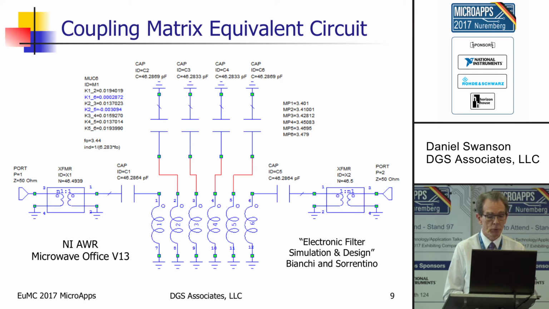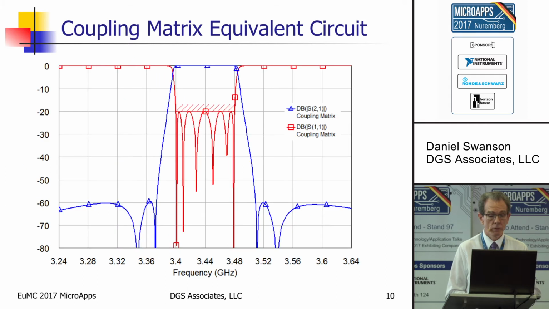And if we look at the frequency response, it indeed looks very much like what we saw in the coupling matrix software. In fact, the software is deriving what it showed us from the matrix itself. And again, it's very symmetrical, just like we saw in the software. But we can, sorry.